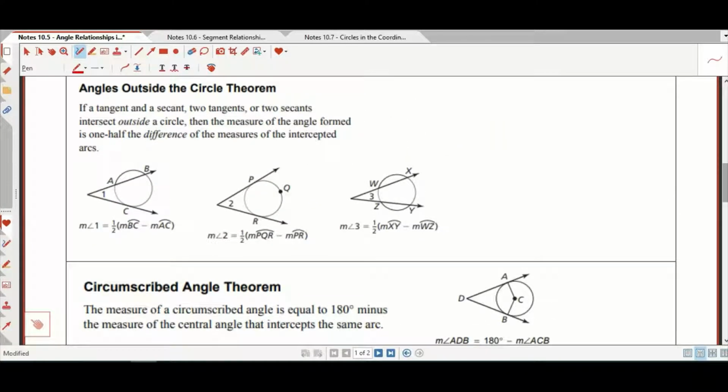Angles outside the circle theorem. If a tangent and a secant, two tangents or two secants intersect outside of a circle, then the measure of the angle formed is 1/2 the difference of the measures of the intercepted arcs. That is, angle 1 is half of BC minus AC.